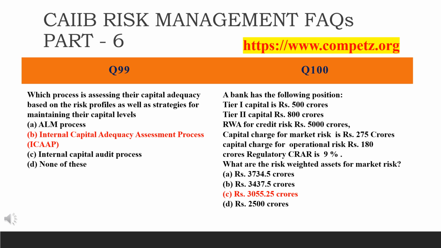So risk weighted assets for market risk is equal to 275, the capital charge for market risk, multiplied by the answer which we received now, 11.11.